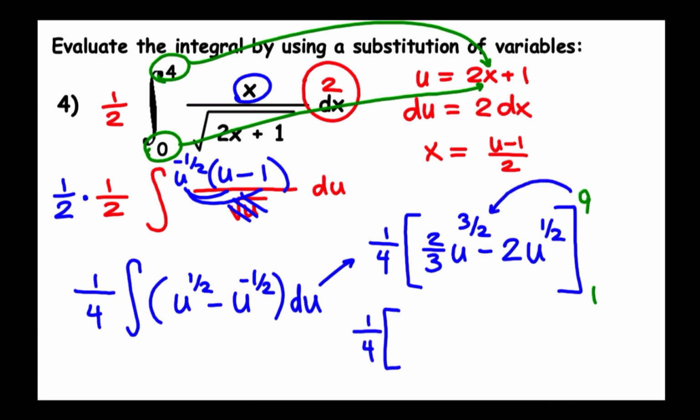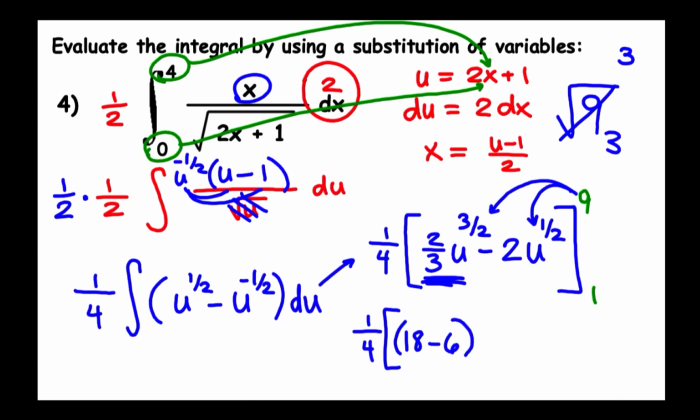9 to the 3/2. That's 3 to the 3rd. That's 27. 2/3 of 27 gives me 18. 9 to the 1/2 is 3. 3 times 2 is 6.